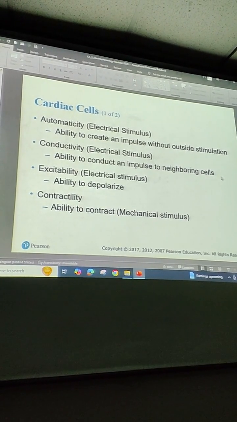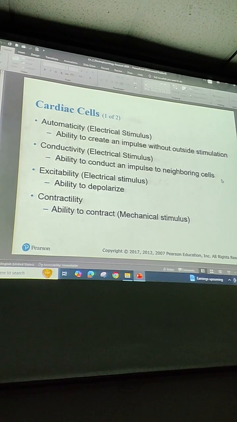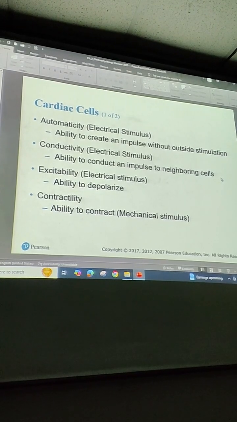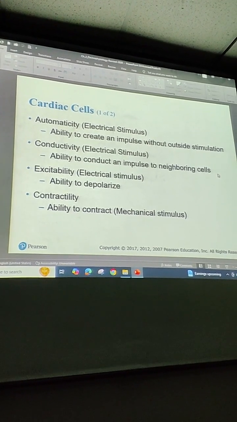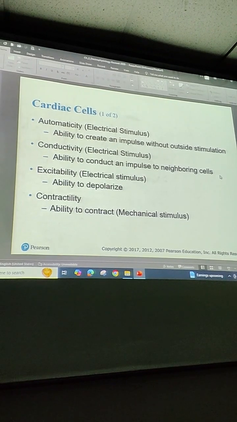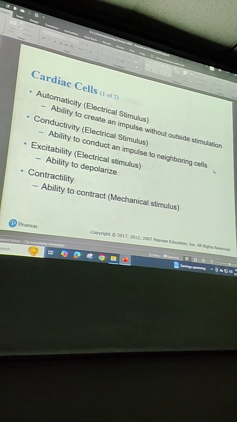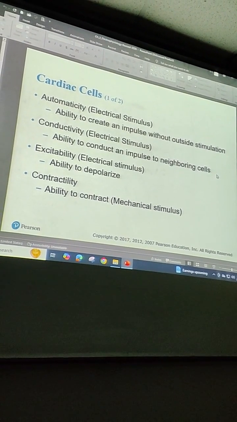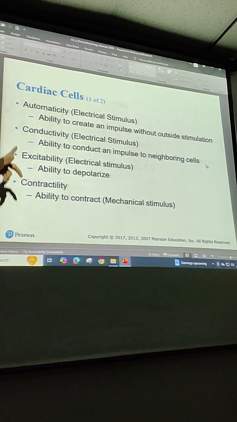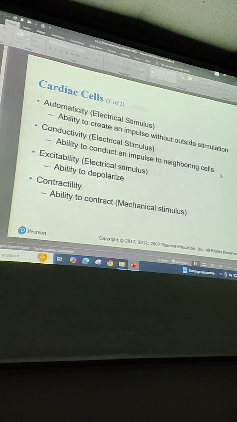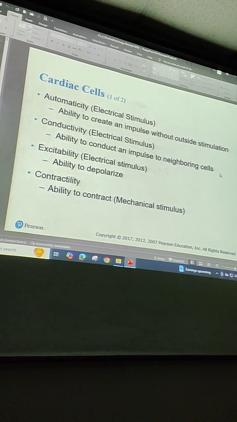Other than that, you're not going to activate them. For these automatic cells, it's different. They just sense when the chambers have filled with blood. Now they know that the valve needs to be open. Then they trigger automatically, so we don't have to manually trigger them. So that is automaticity.